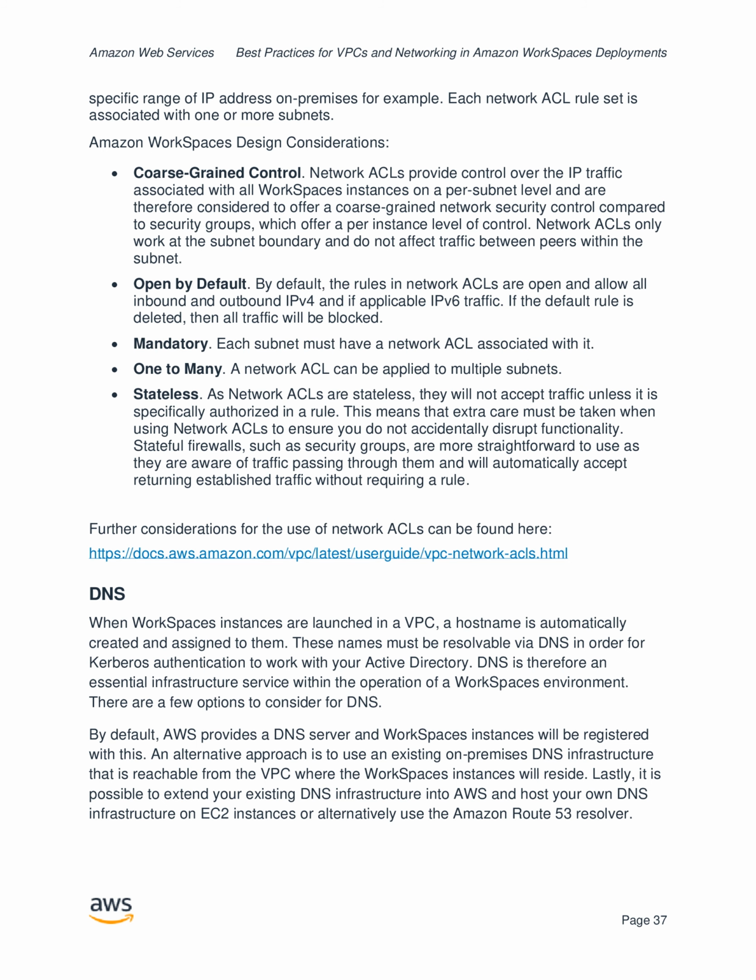By default, AWS provides a DNS server and WorkSpaces instances will be registered with this. An alternative approach is to use an existing on-premises DNS infrastructure that is reachable from the VPC where the WorkSpaces instances will reside. Lastly, it is possible to extend your existing DNS infrastructure into AWS and host your own DNS infrastructure on EC2 instances, or alternatively use the Amazon Route 53 resolver.